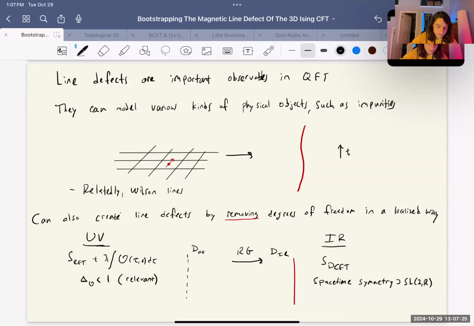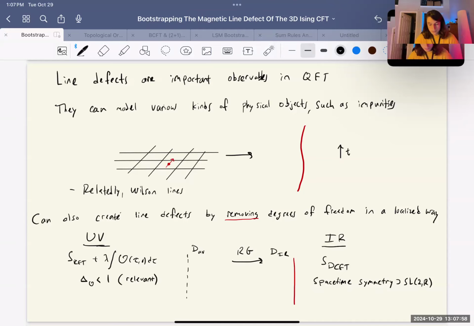Depending on the type of defect I choose, it may or may not become some object that can be seen by the low energy degrees of freedom in the bulk CFT. And of course, it's much more interesting when the degrees of freedom in the bulk do detect this object, because then there will be interesting things to study, which is the interplay between the bulk and the defect degrees of freedom.